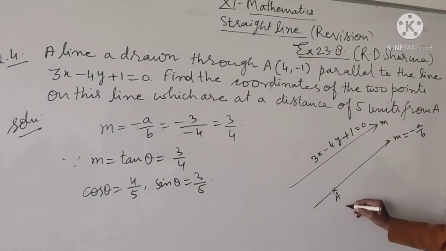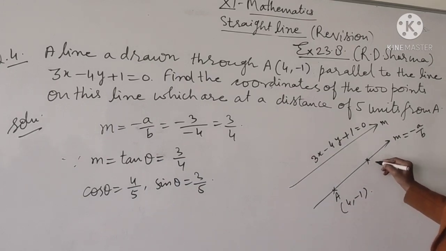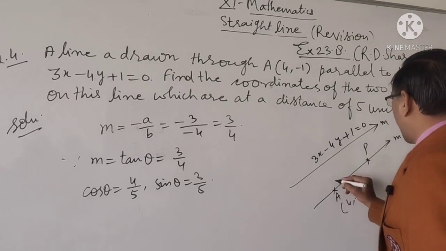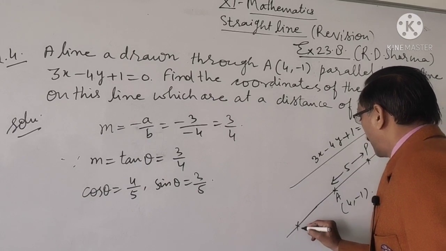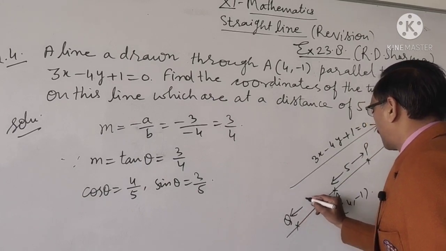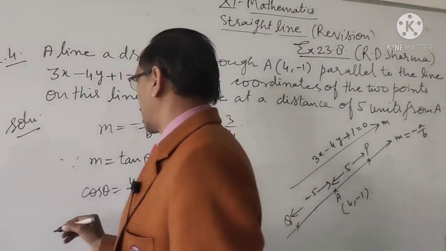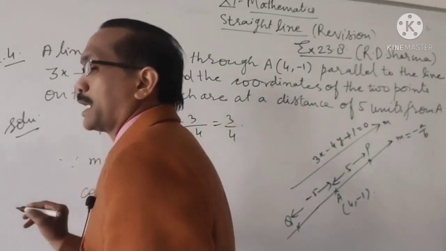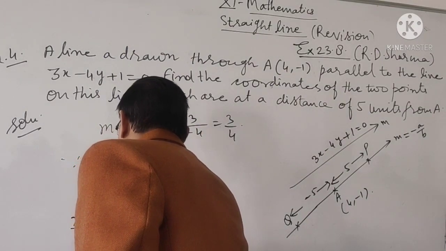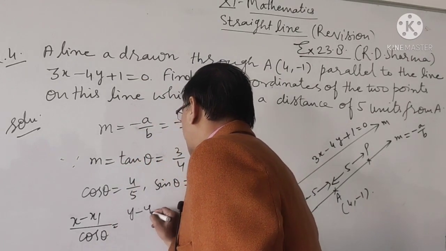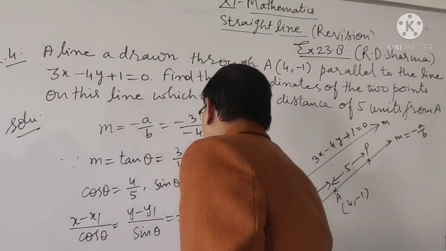Now coordinate of A is 4 comma minus 1. We have to find 2 points. Let it be P, it is at a distance 5. Another point, let it be Q, it is at minus 5. Now using the distance form of straight line, x minus x1 upon cos theta equal to y minus y1 upon sin theta equal to plus minus 5.